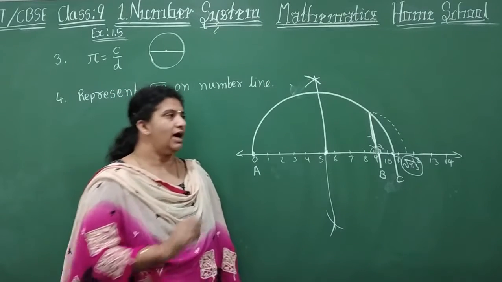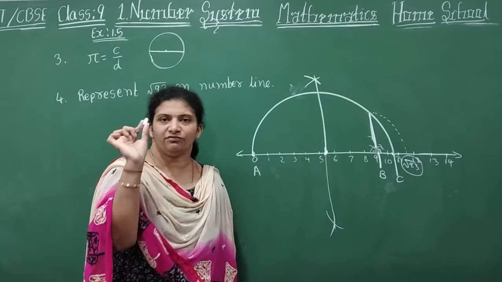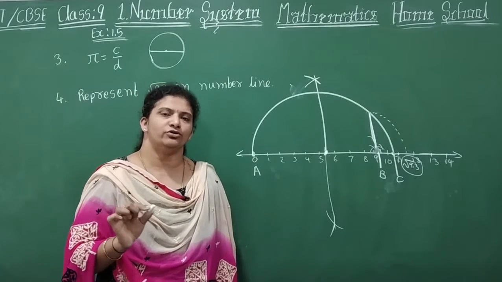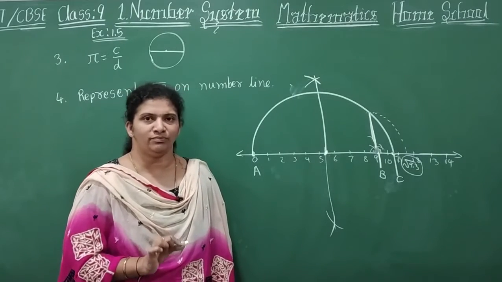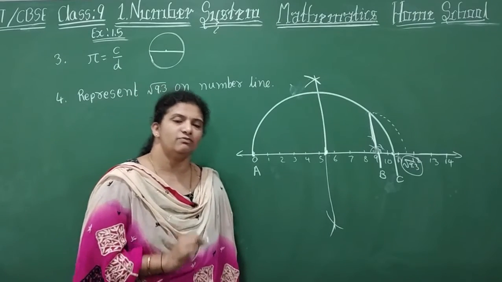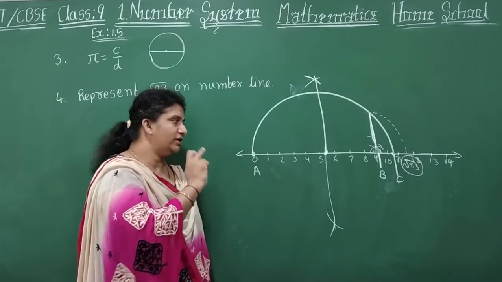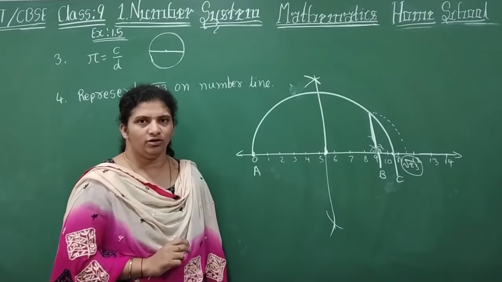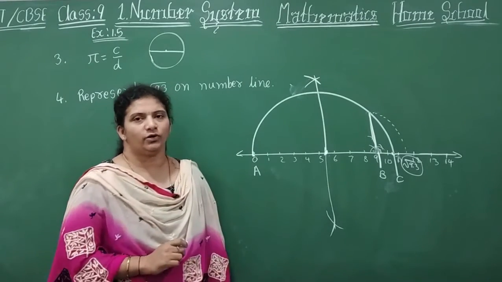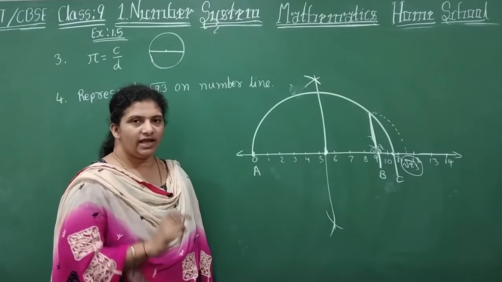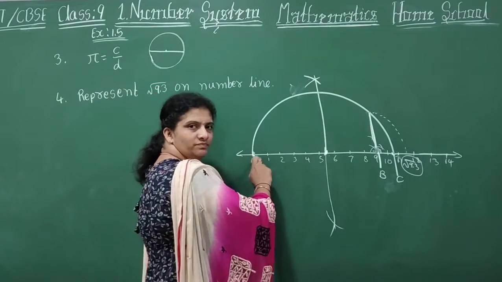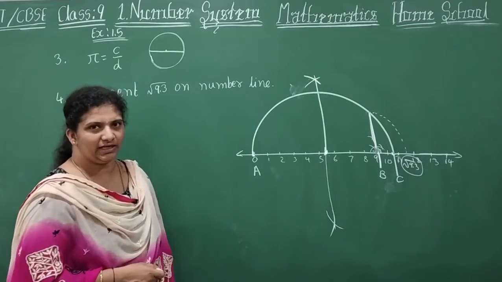Once again, I am showing this number line freehand, but you have to do it with a scale and compass properly. First step, draw a number line with units, each one unit, at least up to 15 points. From 0, no negative numbers are needed here.